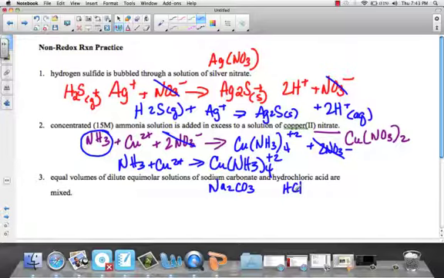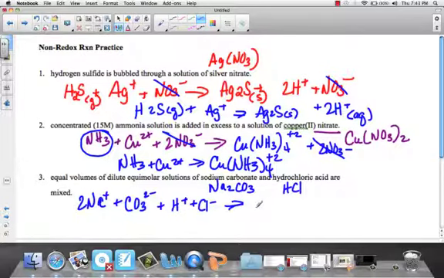Well, let's look what we have. We have a Na, so we know this is soluble. It's going to split up. So we have 2Na plus CO3 2 minus, plus we have a strong acid, so we know that that's going to split up. It's one of the big 6.